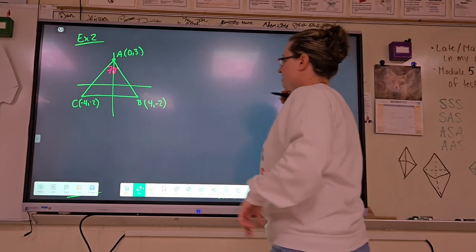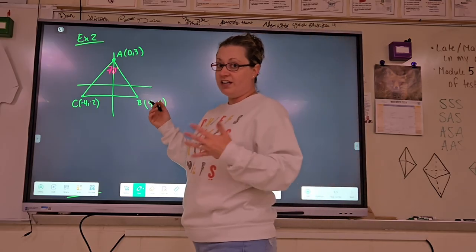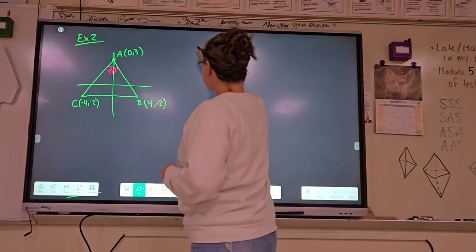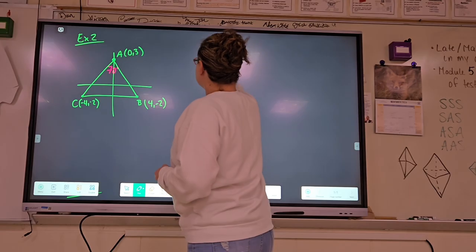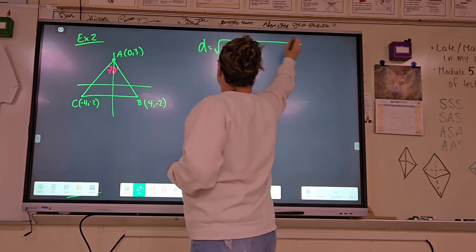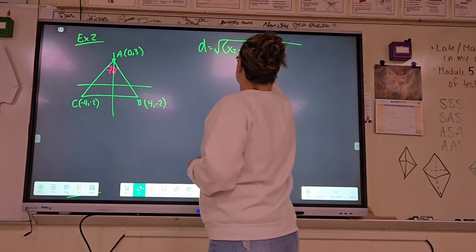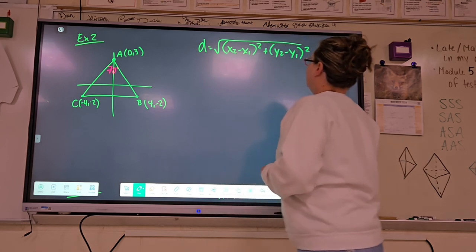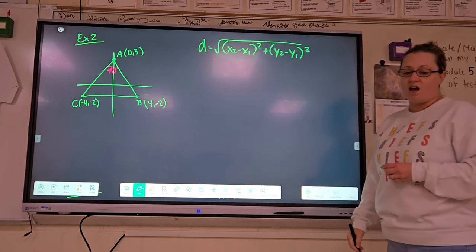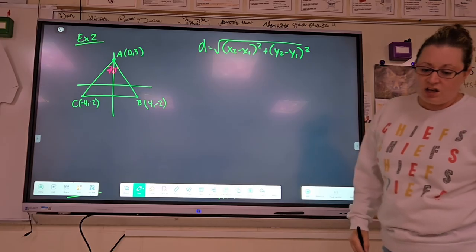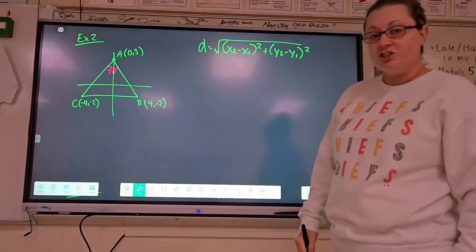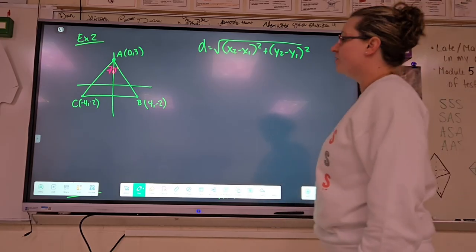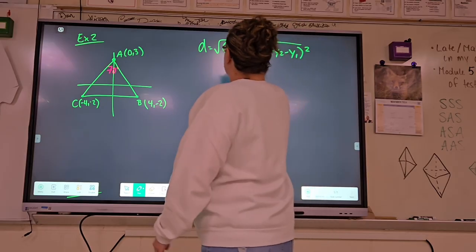First, I need to figure out if this truly is isosceles, so I'm going to use the distance formula. We have this written down a whole bunch of times. It's in the reference sheet that's on Google Classroom if you need to go back and look at that.